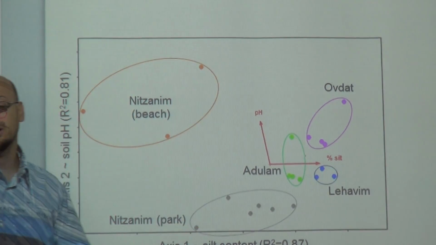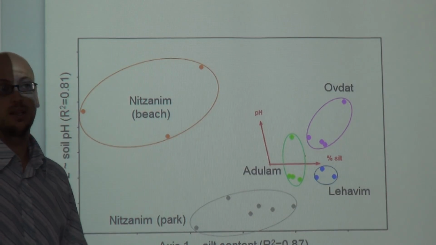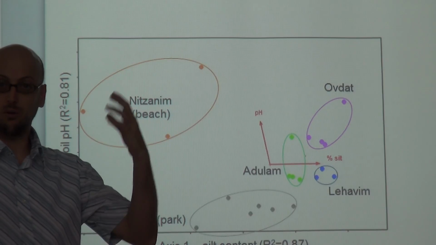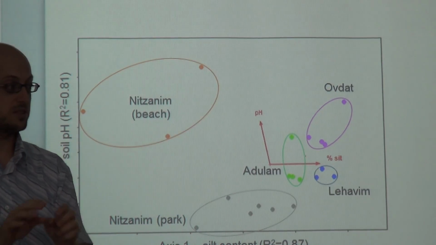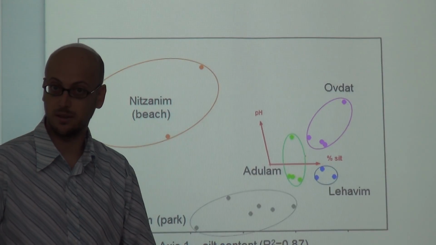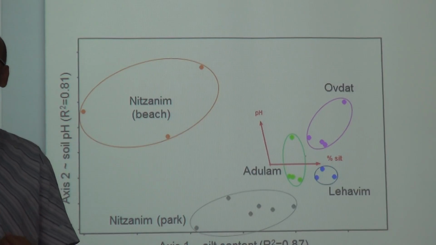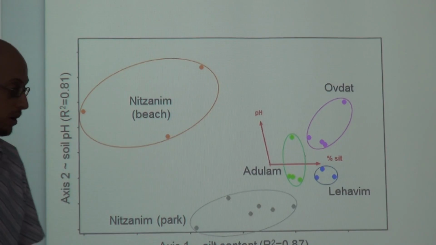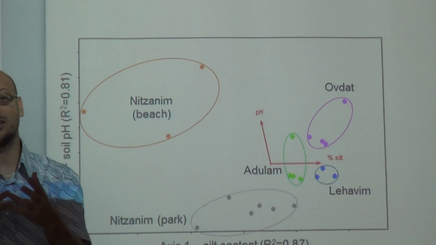Later, you can go back to the table. For example, we saw that the parameter that had the most effect was the height of the soybean, right? So later you can go to your data and say, what is the correlation between this axis and the height of the soybean?